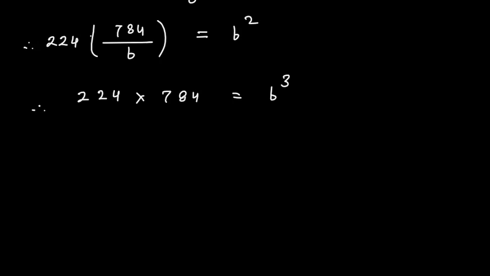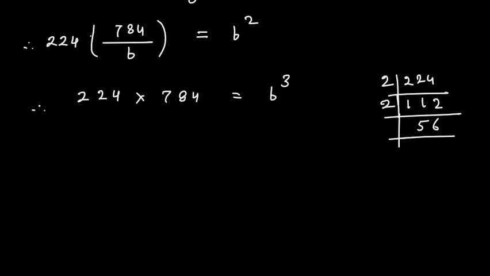So if we factorize this 224, it is 2 to the 5 times 7, so 224 is 2 cube into 28.